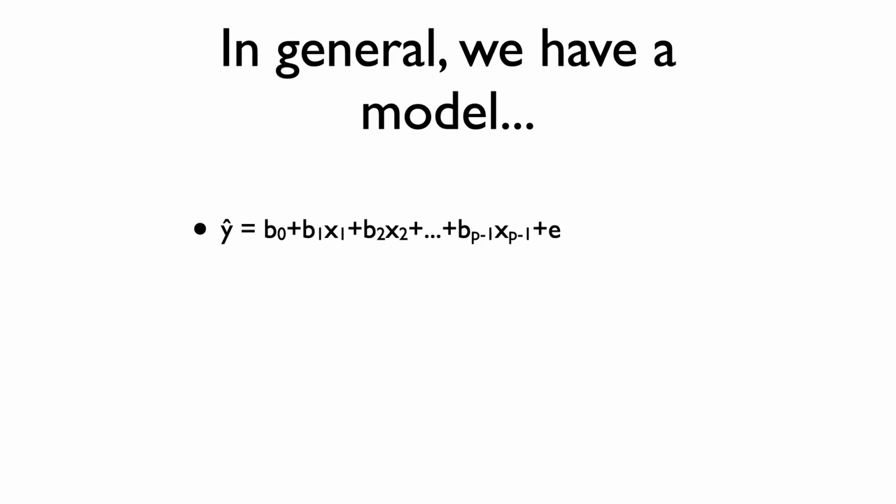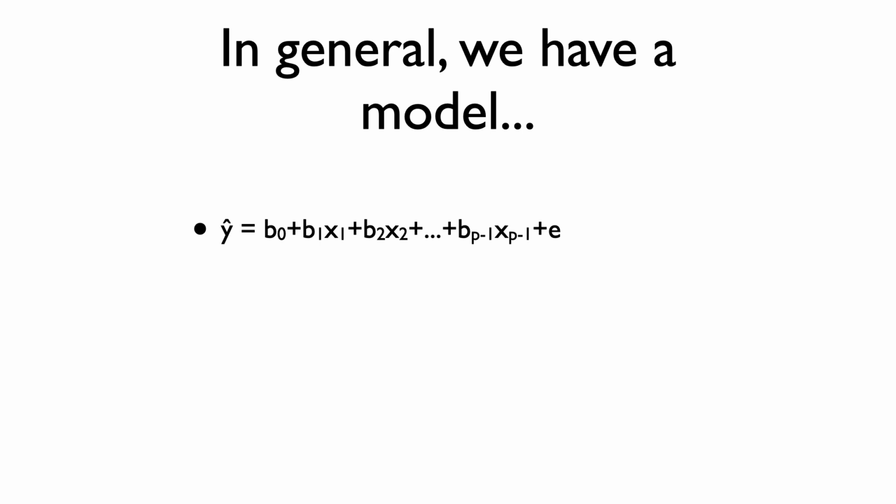We're just changing the names to more general. B sub 0 is the same as the a in simple regression. It's the intercept. And then we have b sub 1 times x1, b sub 2 times x2, plus dot, dot, dot, b sub p minus 1 times x sub p minus 1, plus e.